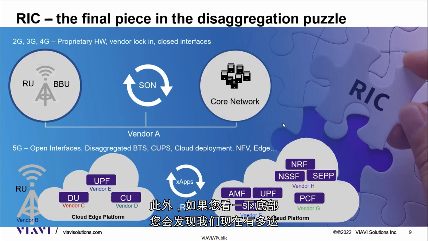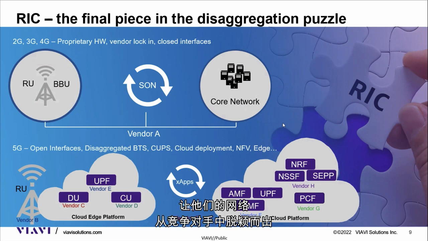But also, if you look across the bottom, you can see that we've got up to 8 different vendors now supplying some piece of network equipment into an operator's network, giving operators a huge choice to pick best of breed components, drive down cost of goods, encourage innovation, and allow them to differentiate their network from their competitors in the hope of attracting more subscribers. And RIC is at the heart of this diagram.